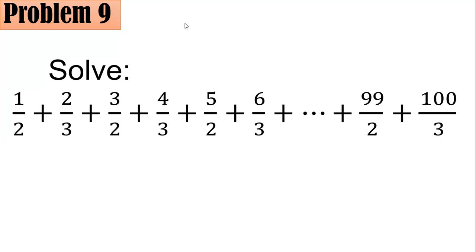So please keep on solving. Clue: the answer here is a whole number.